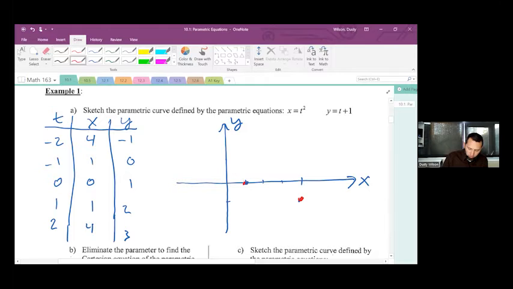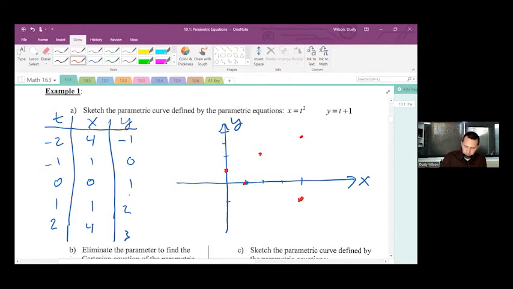Then we're at x equals 0, y equals 1. Then back to x equals 1, y equals 2. And then we are at x equals 4, y equals 3. Let me check one thing. x equals 1, y equals 2. Yeah.